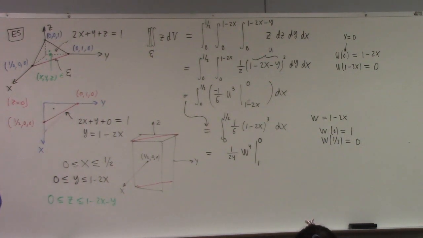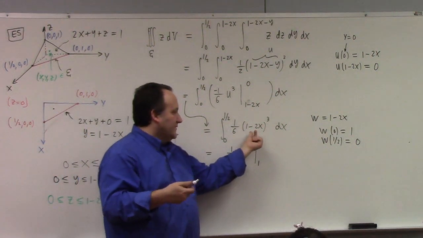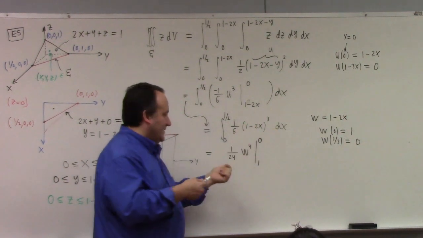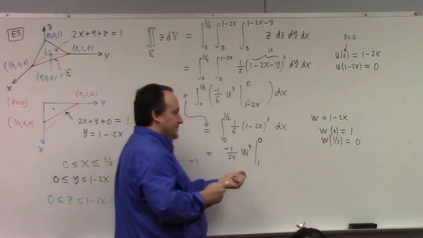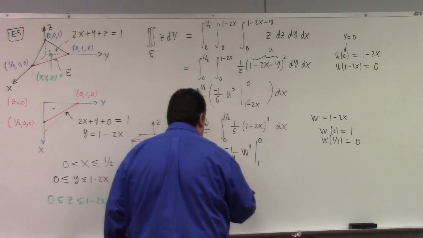Quality check here: should this answer be positive or negative? We're basically taking some sort of weighted average. We're integrating z over this region where z is positive. It better be a positive answer. What have I missed here? As you're doing this integral, there's a minus from the w, right? So the antiderivative actually would be this. So the answer is 1/24th.